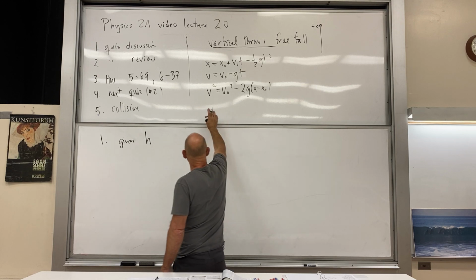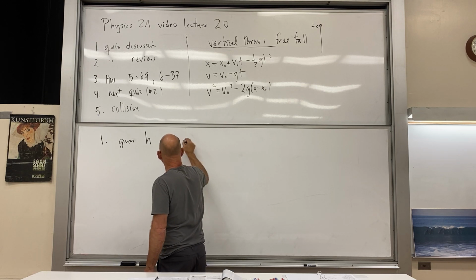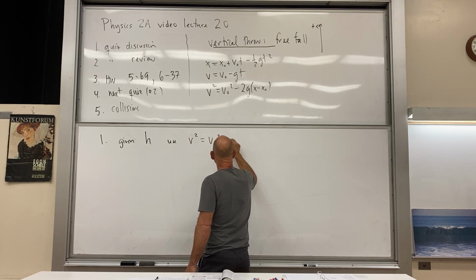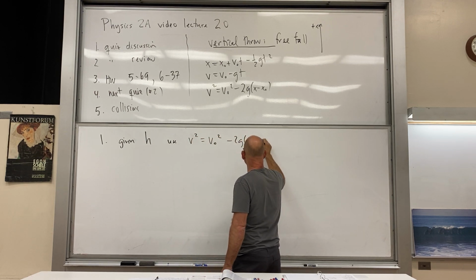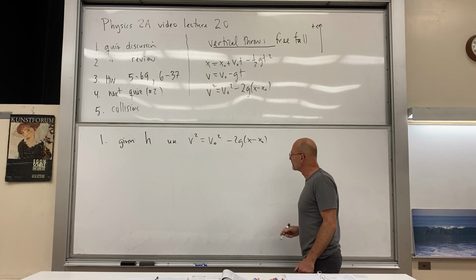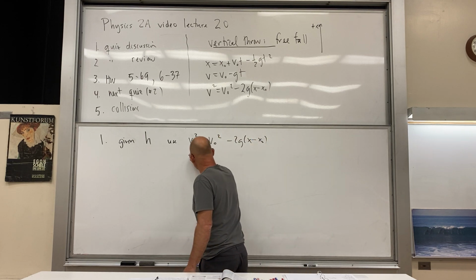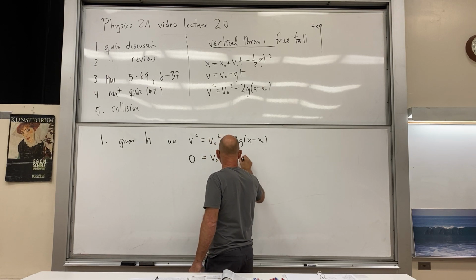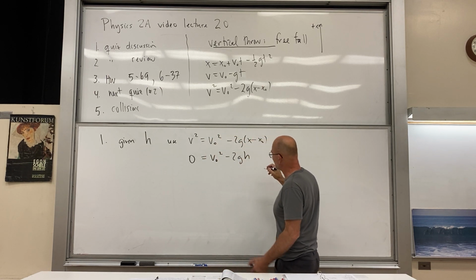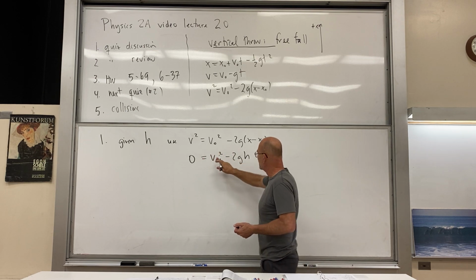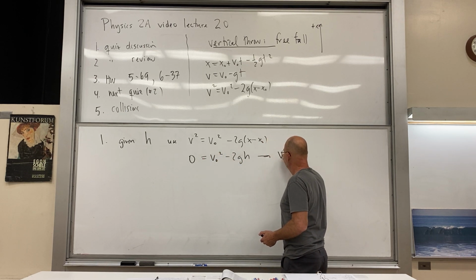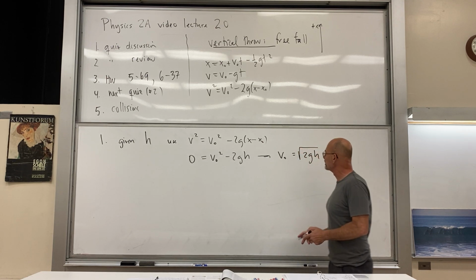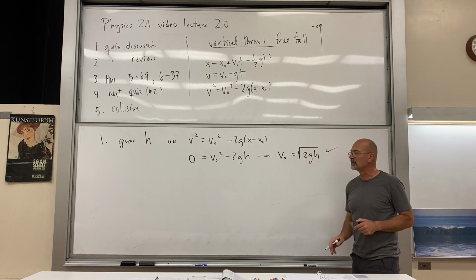So that's the example of using v squared equals v0 squared minus 2g(x minus x0). So you're looking at that there, but we know that when we reach the top of our arc, v squared equals 0 minus 2gh, okay? That's when we reach the top, the speed is 0. There's our initial speed, v0 equals root 2gh. Okay? And only when you have this do you then plug the numbers in.